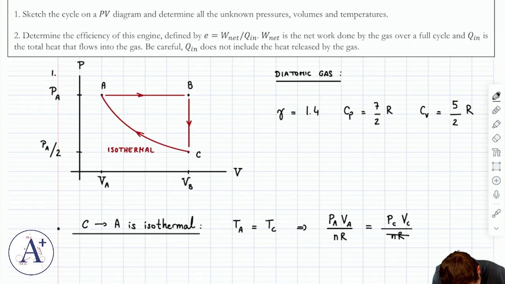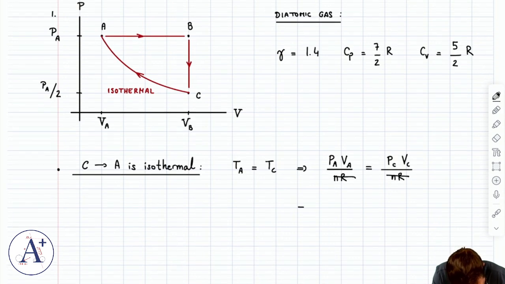Of course, NR goes away, and we get PA VA is equal to PC VC. Well, VB is VC. I mean, B to C is constant volume.